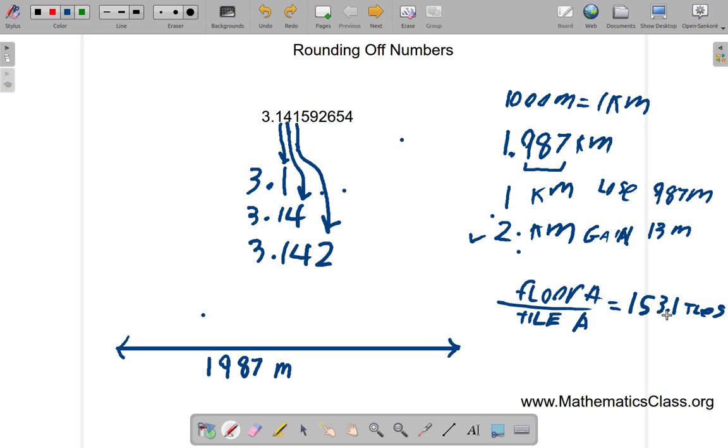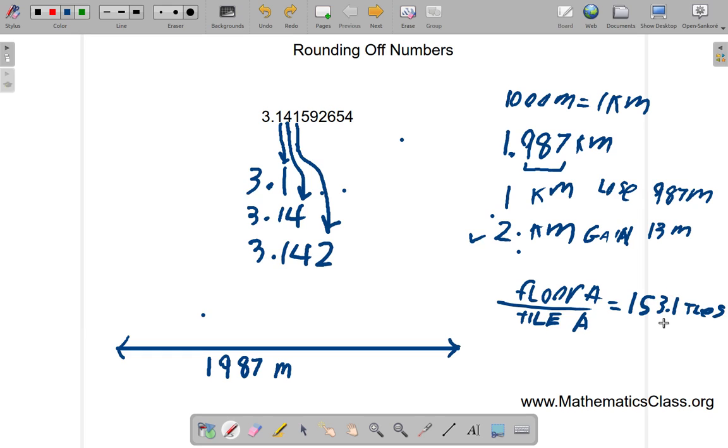What is the minimum number of tiles you would order? If you're rounding off this number to the nearest whole number, generally you would say 153, because the number to the right of 3 is only 1, so you'd round down.